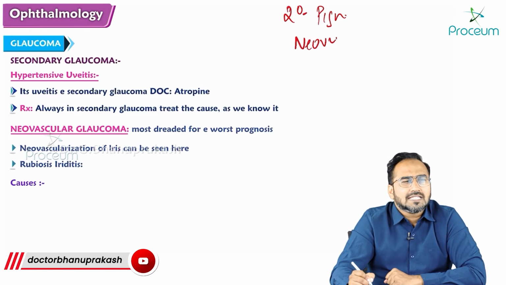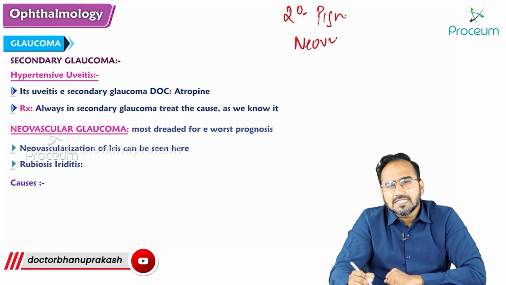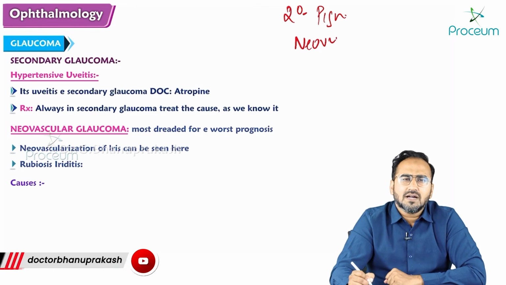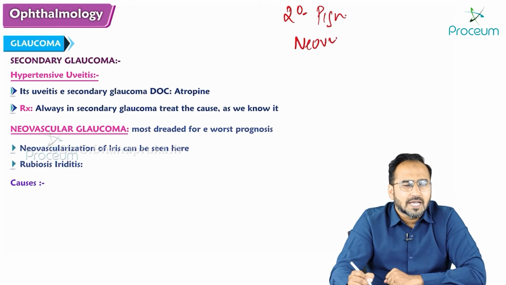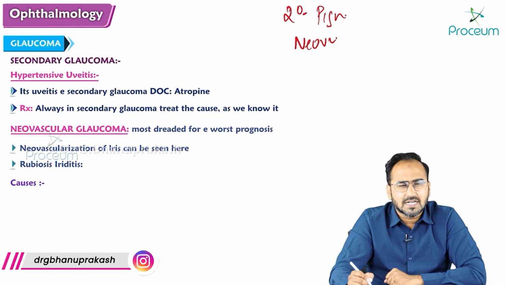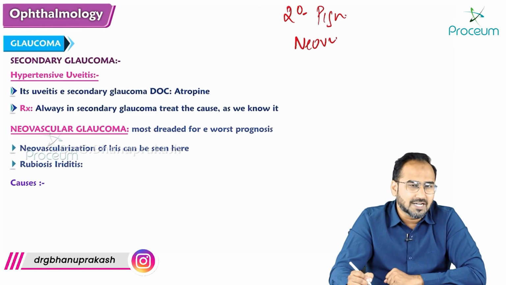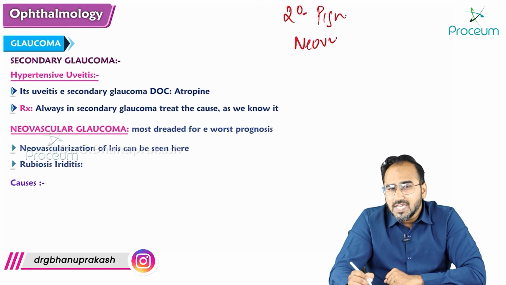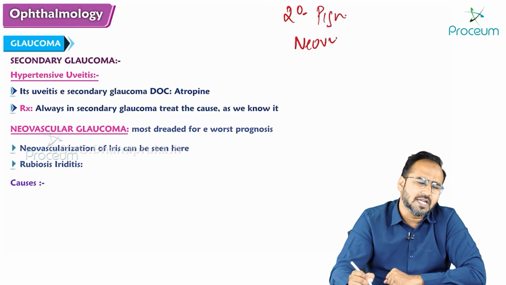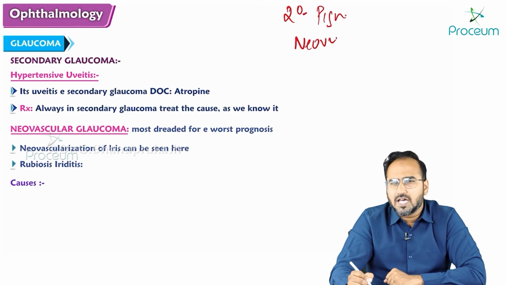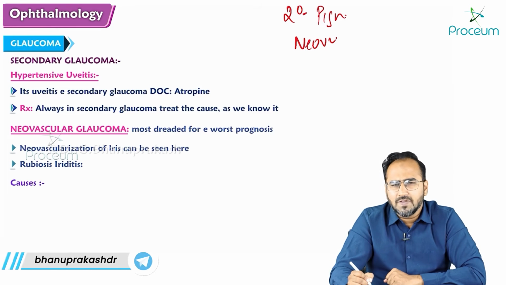So what will happen? A factor called VEGF is released in the eye. In our body, whenever the blood supply is reduced or there is a hypoxic-like condition, the blood vessels release a thing called VEGF, vascular endothelial growth factor. This VEGF leads to formation of new blood vessels. In the eye, hypoxia-like conditions might be created due to CRAO, CRVO, BRAO, BRVO.